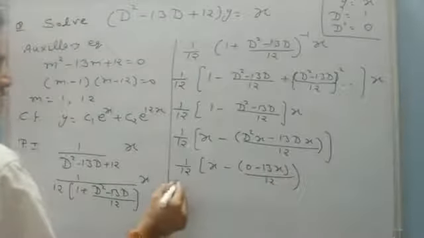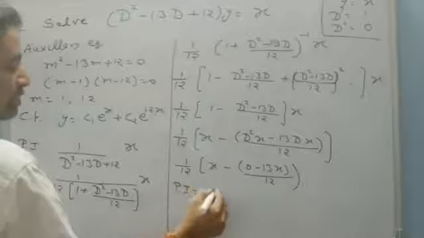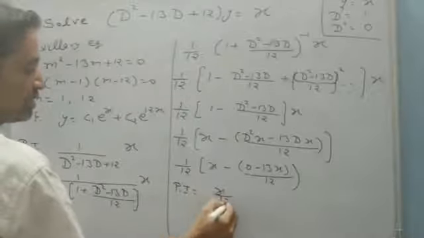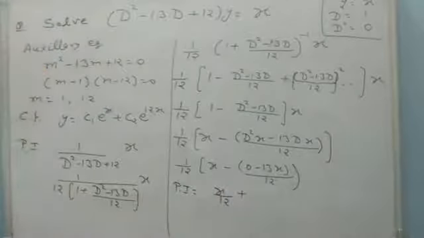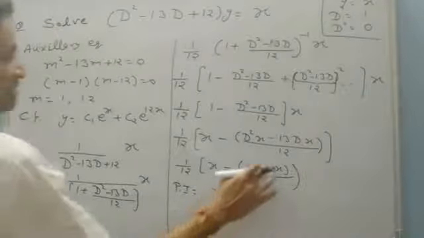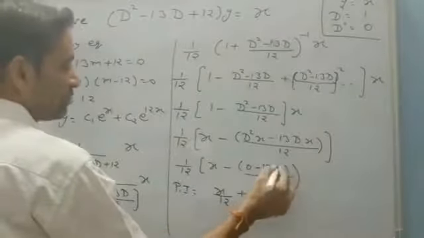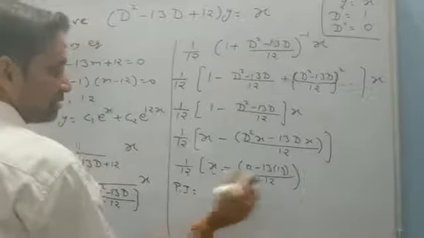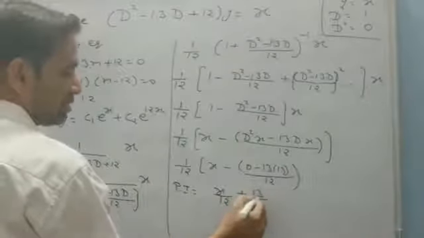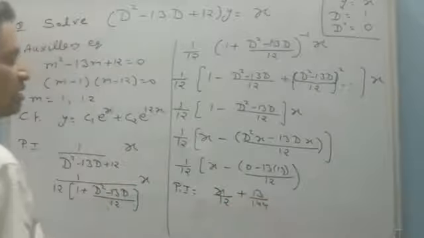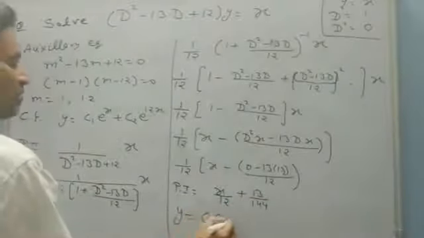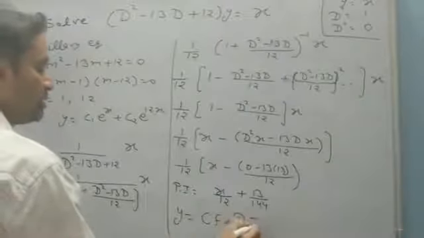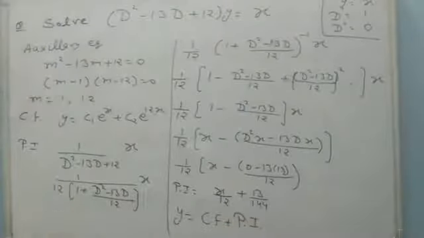So the PI is x by 12 minus minus plus, that will be 1, sorry, minus minus plus, that is 13 upon 144. So the solution is y is equals to CF plus PI. Just add these both solutions, you will get the answer.